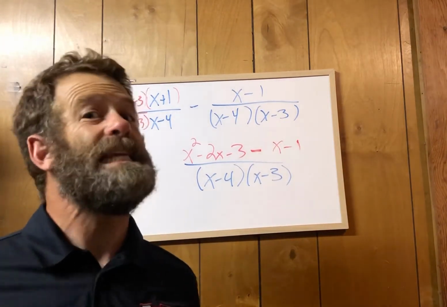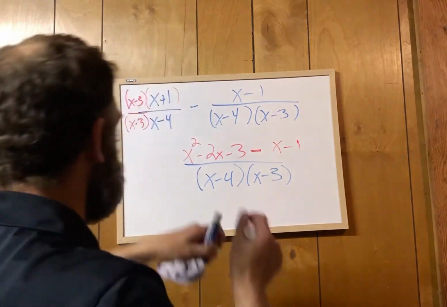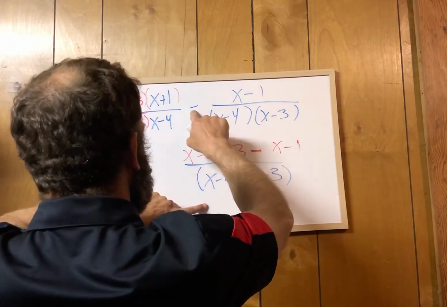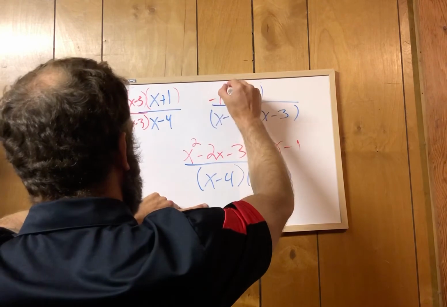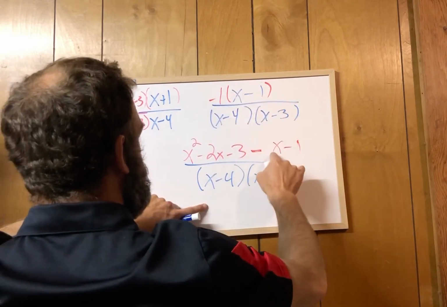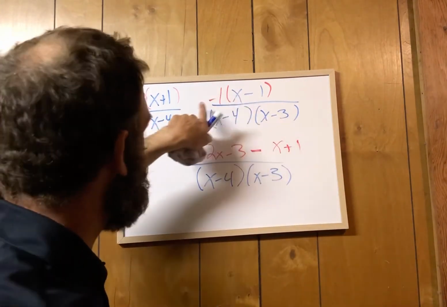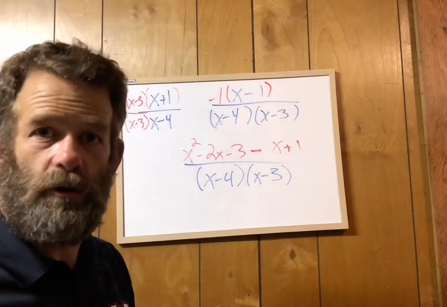That's like 99% correct. The difference is, think of this minus as a negative 1 times this. Minus changes both of these, so negative x plus 1, because you have to distribute that negative into both of those terms.